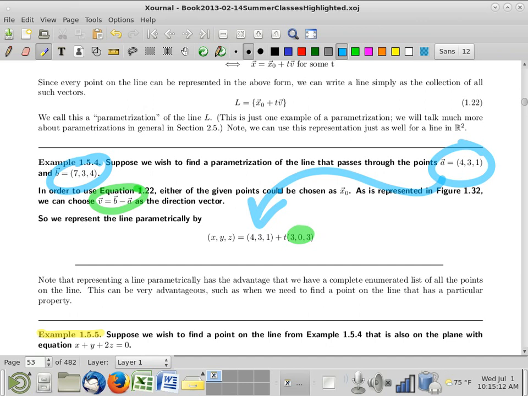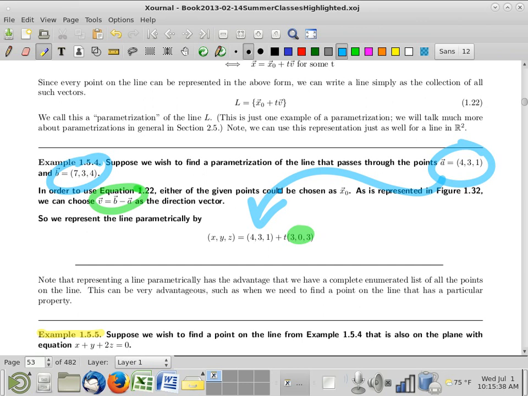And there's your parameterization. Now, I will say that it doesn't really matter whether you use this point or that point, but you get different parameterizations depending on which one you use. Using this point A as my starting point, I get a parameterization, and this does indeed generate the whole line. But if I had used this other point, I would have gotten a different parameterization.